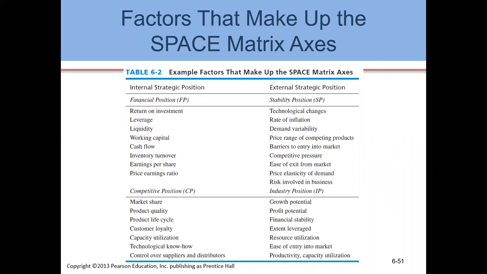Now, in case of IP, industry position, the factors we should be talking about are like growth potential, profit potential. It can be financial stability. It can be extent leveraged. It can be resource utilization, ease of entry into market, productivity, capacity utilization. So these are the factors we need to talk about in terms of industry position.